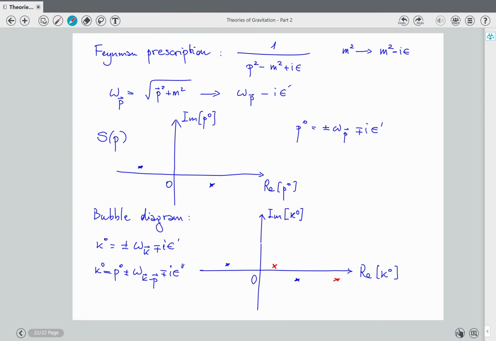So that's what the Feynman prescription does. It defines this integral. Actually, it does much more, because it will also define the remaining integral on the space components. After the integral on the energy, we have to do the integral on the space components.